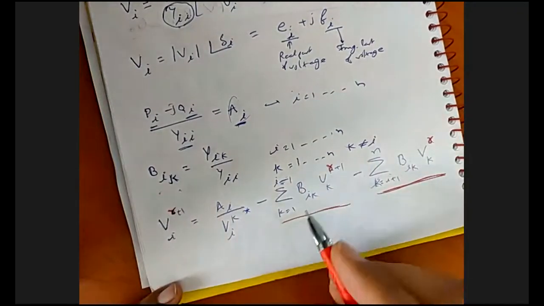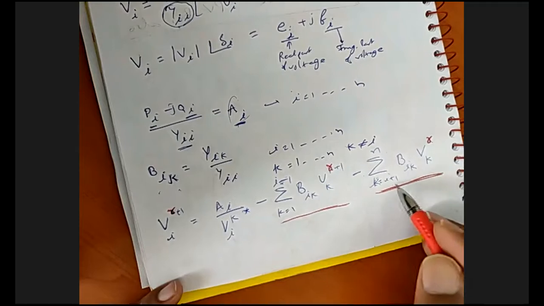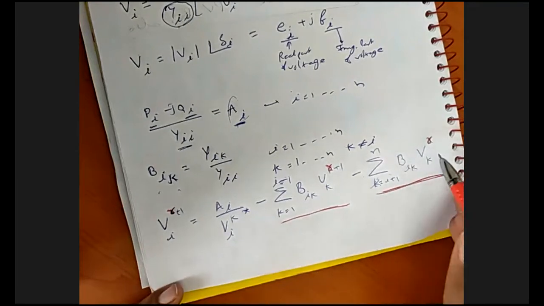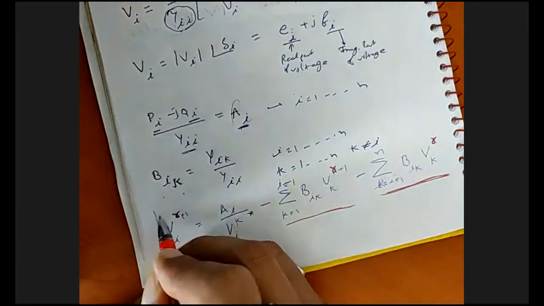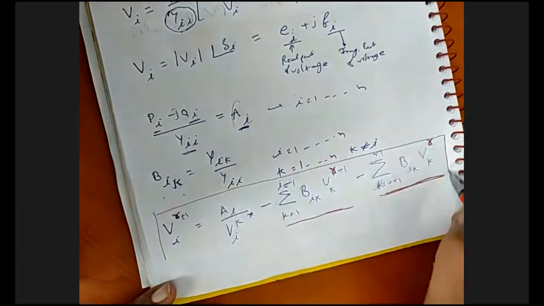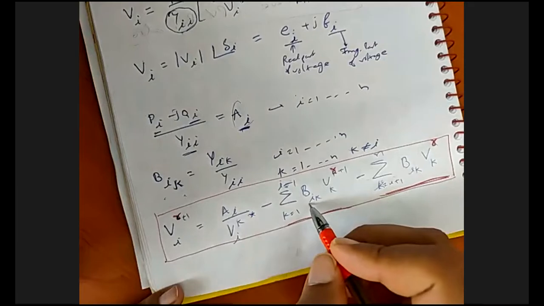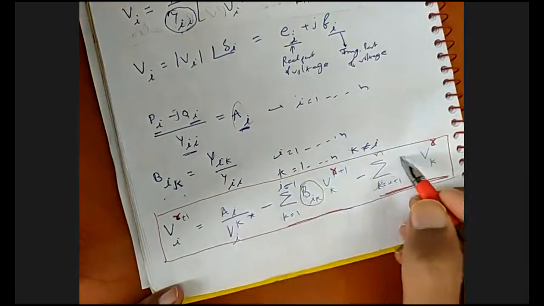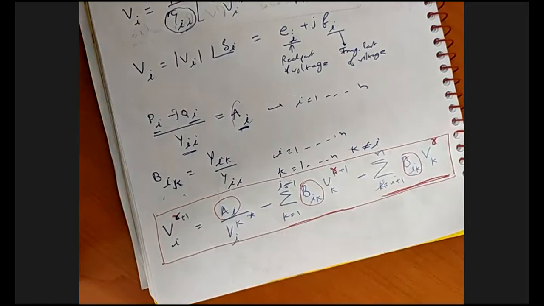So 1 to i minus 1 will be new terms and i plus 1 to n will be old terms. So this equation is reduced to this, where Bik and Ai are fixed quantities, so we don't require to compute these terms again and again.